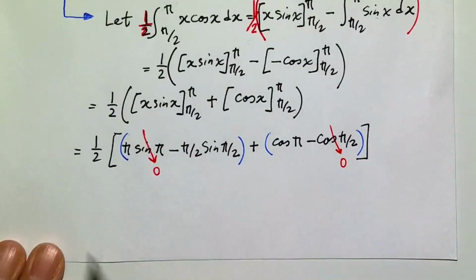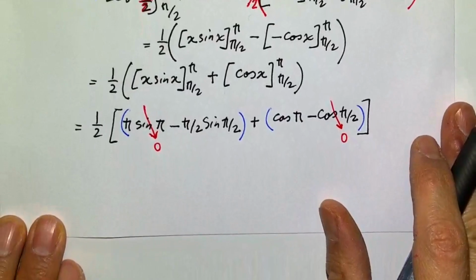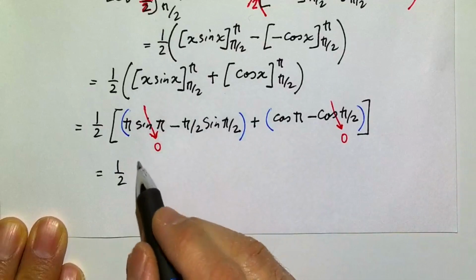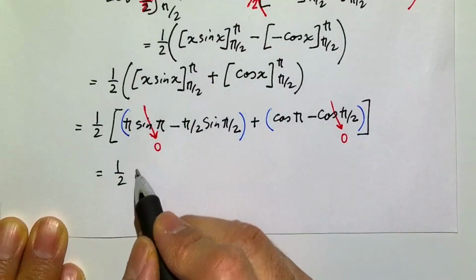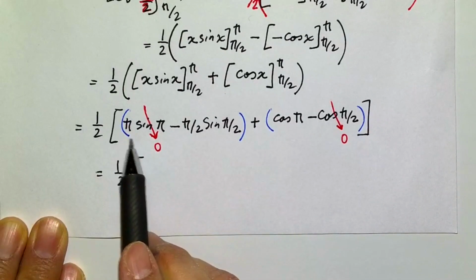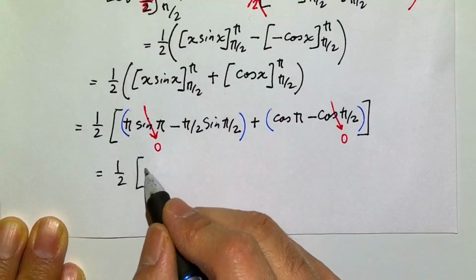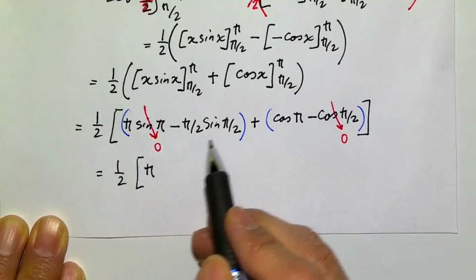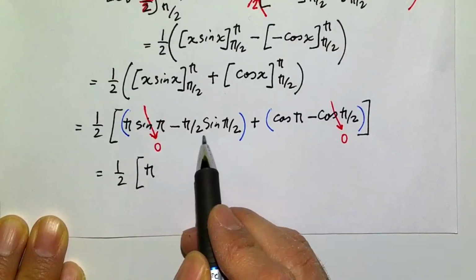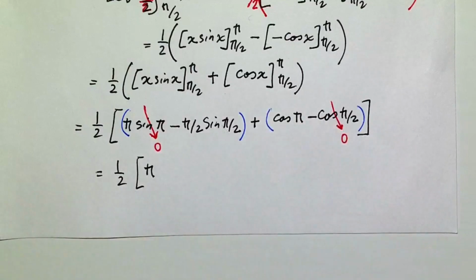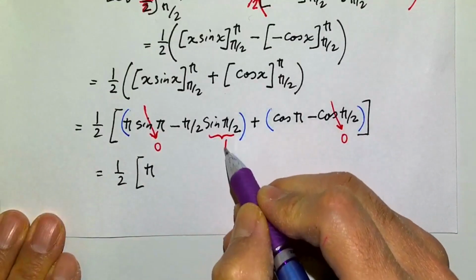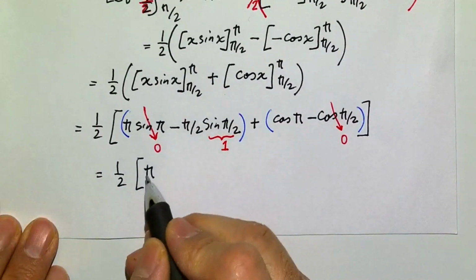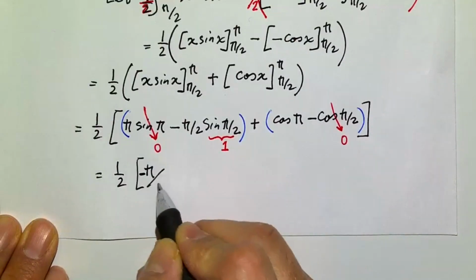So we are left with 1/2 times... sorry, no, not pi, that one drops out. So minus pi over 2, and this is 1. So minus pi over 2 times 1 is minus pi over 2.